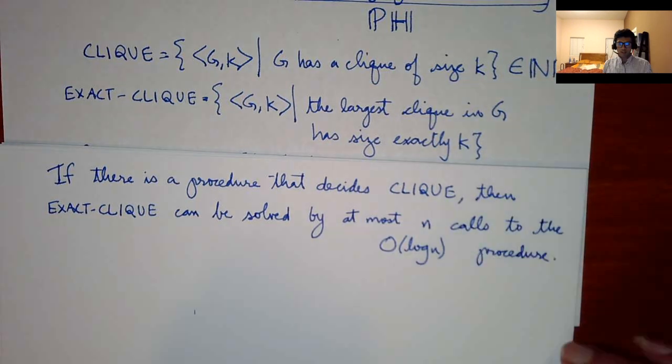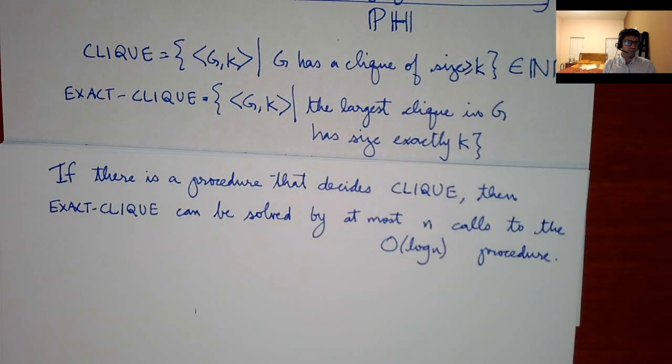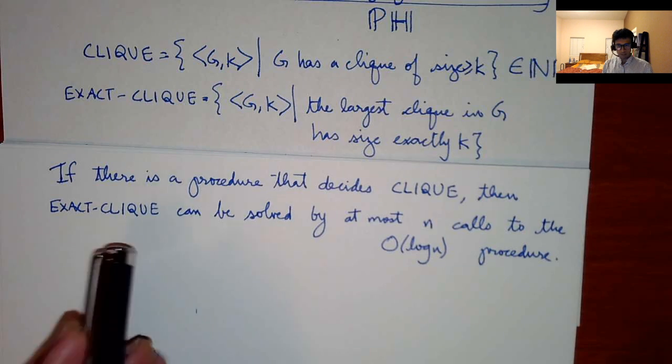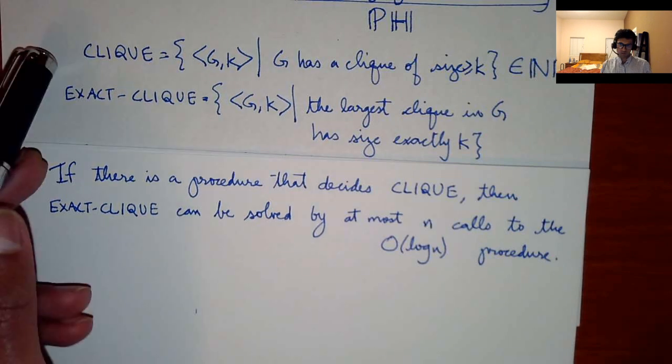Do you see that? If you can determine if there is a clique of size at least k, which is technically what this is, then you could just do binary search, or you could even just do linear search over all values of k, and you find where essentially there isn't a clique of size greater than or equal to k, and then you're done. So exact clique can be solved if you could make calls to a procedure that solves clique.